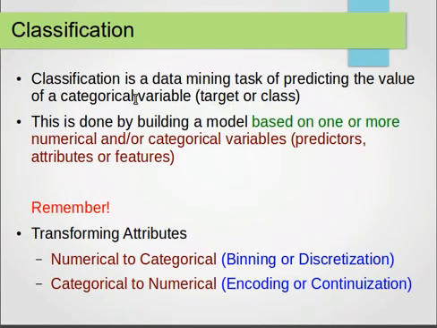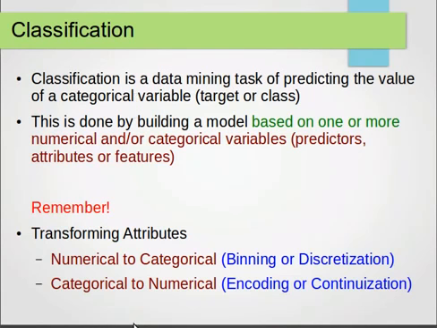So here we have some input data, one or more data sets with instances, i.e. with different columns and different values, and then we want to predict a categorical variable, i.e. a class. Now this is done by building a model based on one or more numerical or categorical variables.